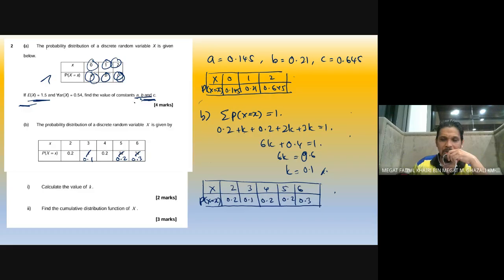And then the cumulative distribution function: 0.2, 0.2 plus 0.1 is 0.3, 0.3 plus 0.2 is 0.5, 0.5 plus 0.2 is 0.7, and 1.